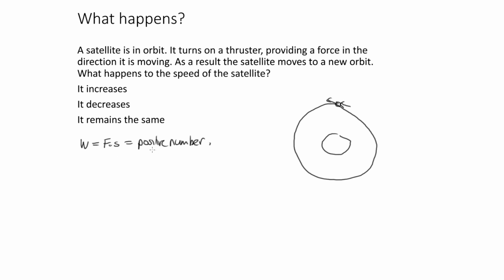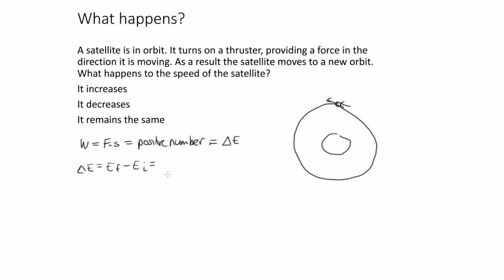And we know that when we do work on something, then we change its total mechanical energy. So this is equal to the change in the mechanical energy. So we can write, well, delta E is equal to the final mechanical energy minus the initial mechanical energy.